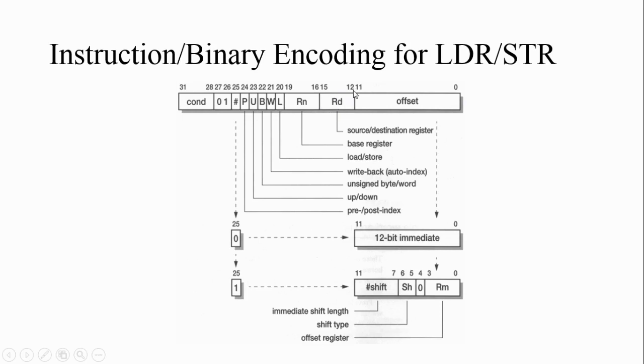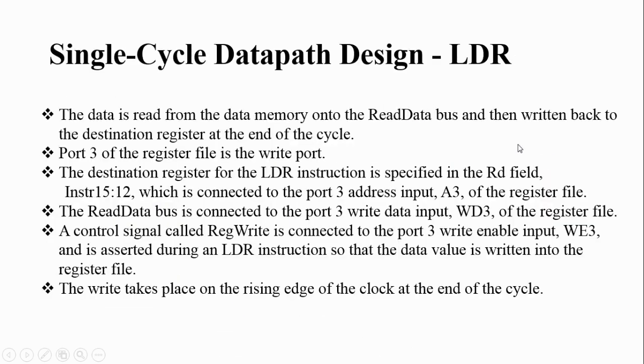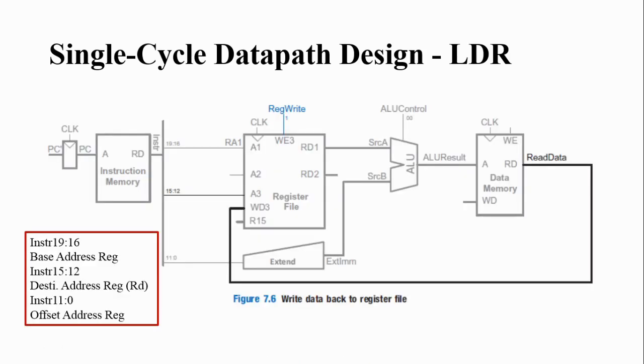So RD is specified by bit number 12 to 15. You should keep in mind, 12 to 15 is used for representing or configuring RD. So in this step, you can see that the 12 to 15 bits are connected to A3 of register file. What is the use of A3 of register file? A3 port is used for configuring the register file for the write operation.